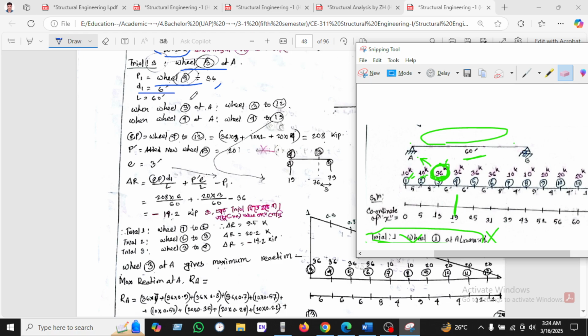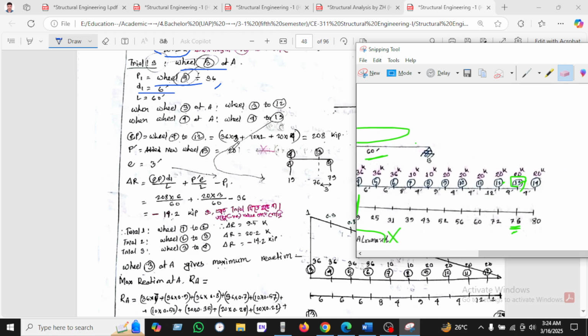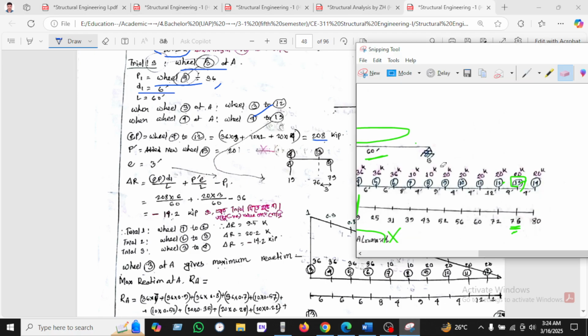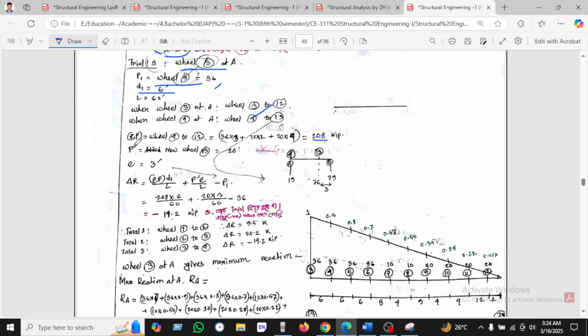This is wheel 3 at 1 to 12, and wheel 4 to 30. Wheel 4 to 30, I have already shown how we calculate. And EP will be 3 to 4, 3 to 12, and found 208. So all the load we have been calculating here. And we have been seeing the new wheel 13 is added. So wheel 13 is added here. So E will be 3.